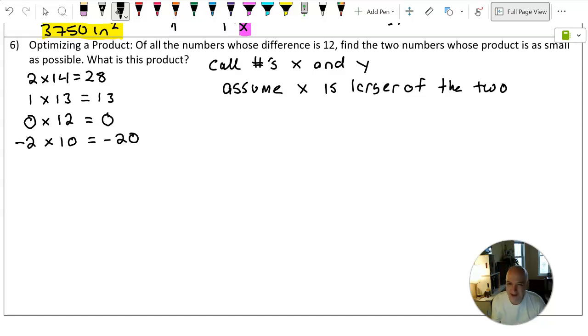You could assume that y is larger of the two, but it's nice to assume that because then we can write that x minus y equals 12. Then we might solve this for y, and say, okay, then x minus 12 equals y.